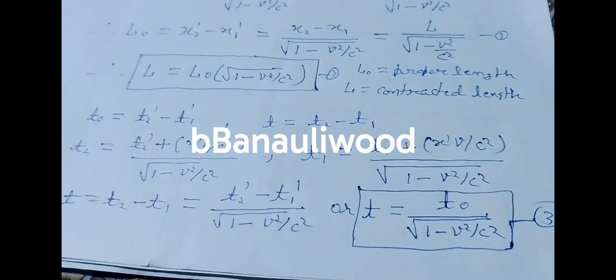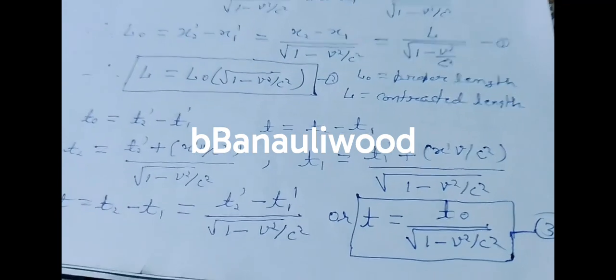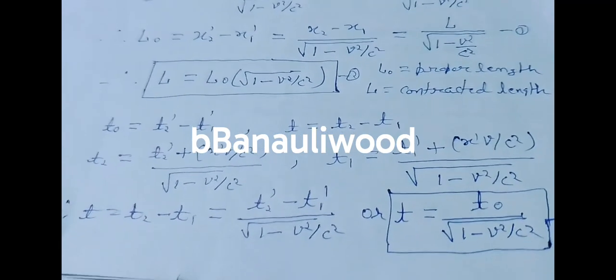If he records the ticks at times t sub 1 and t sub 2, the time interval appears to him as t equals t sub 2 minus t sub 1.